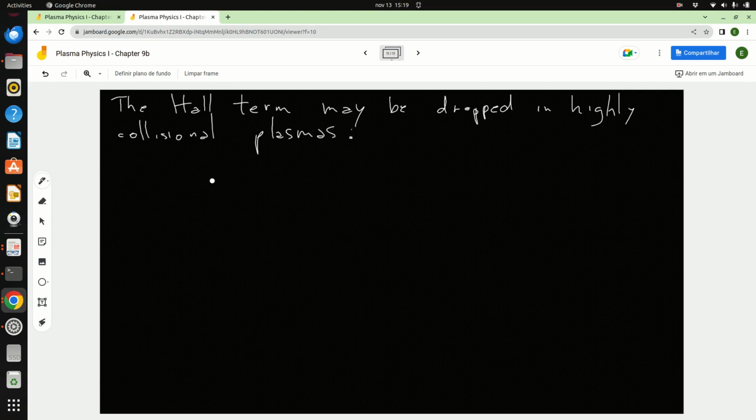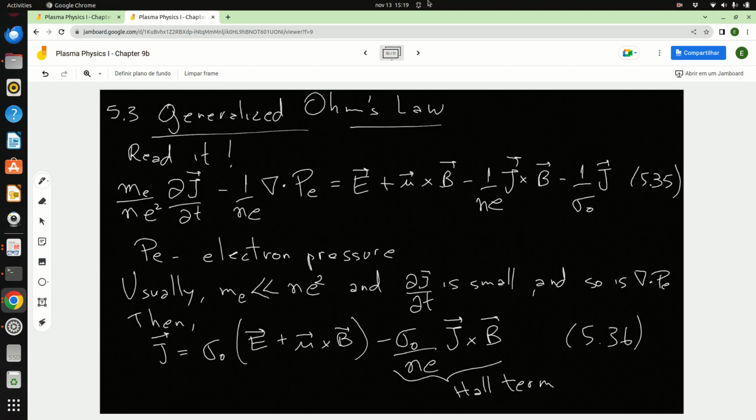Then you end up with this form of the Ohm's law equation for J in terms of just E and U cross B. Yeah, just drop this one.